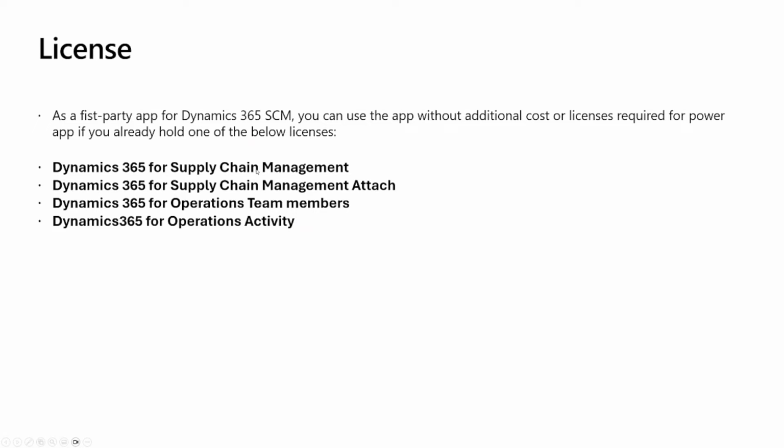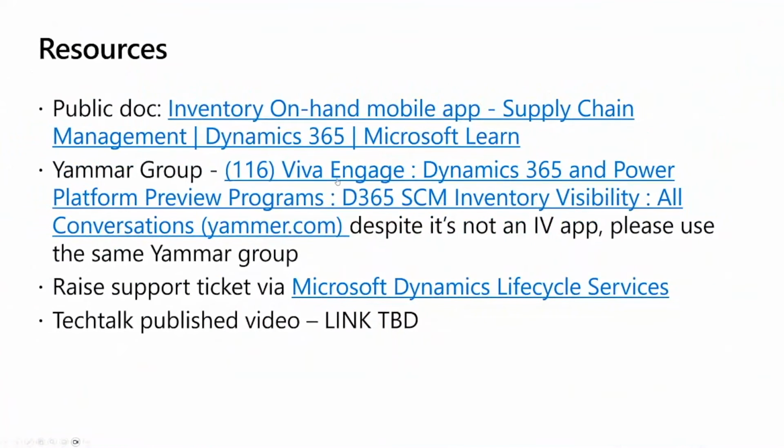One is the standard SCM license, or as long as you have the attach license of SCM, or the Operations team member license, or the Operations activity license. So one of the 4 licenses would be sufficient to cover a normal user to access the app and read the data.